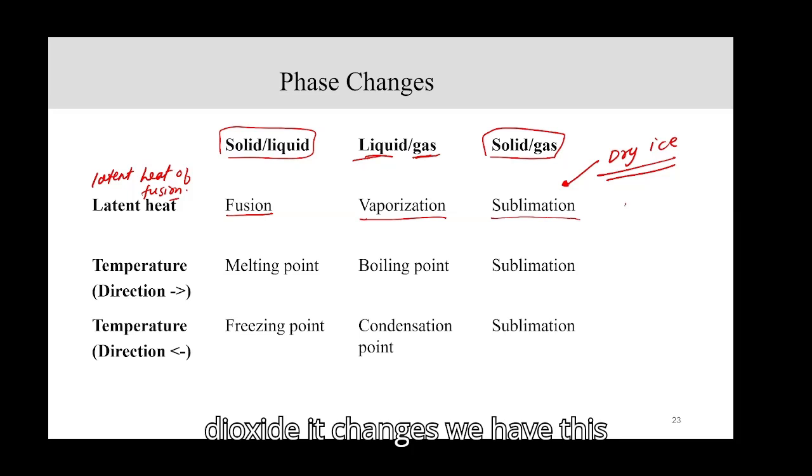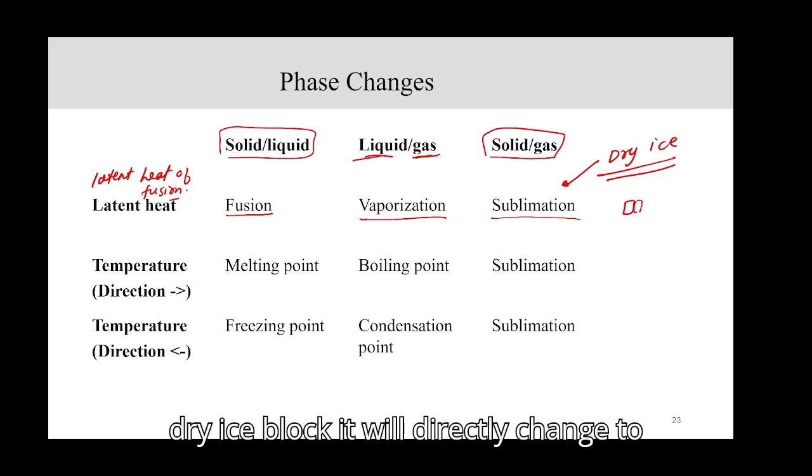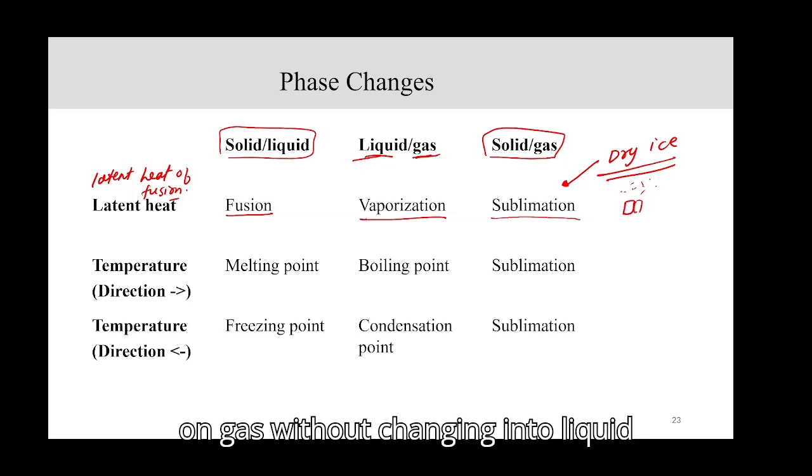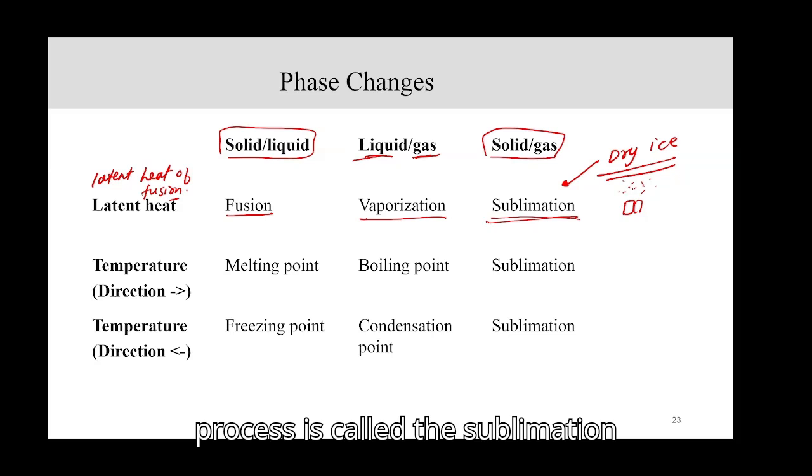We have this dry ice block, it will directly change to gas without changing into liquid first, and that process is called sublimation. And the latent heat in this process is called latent heat of sublimation.